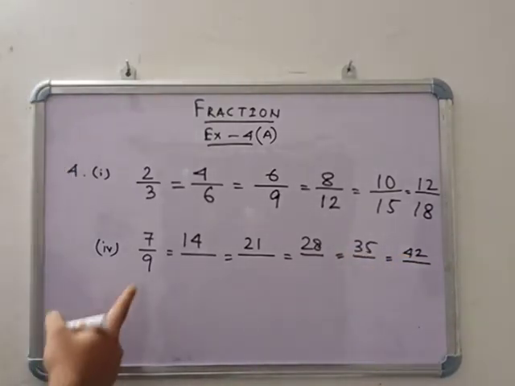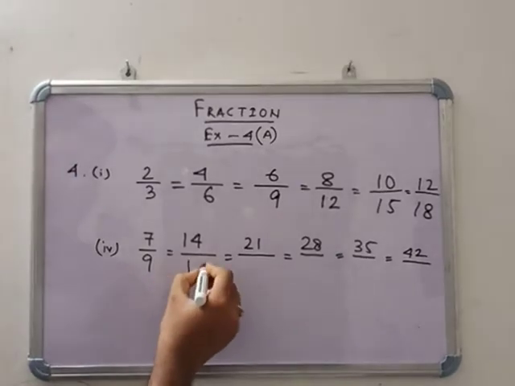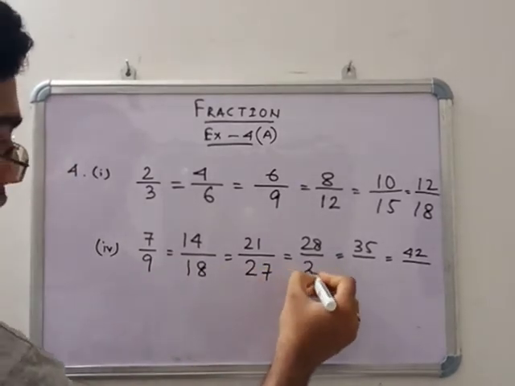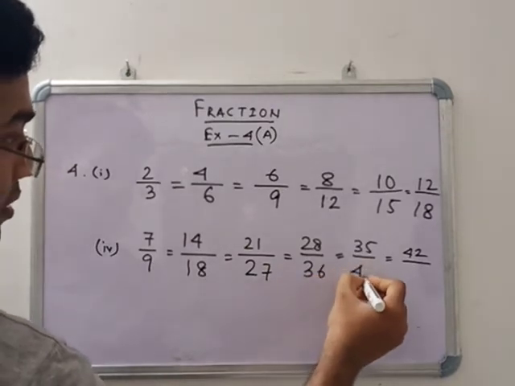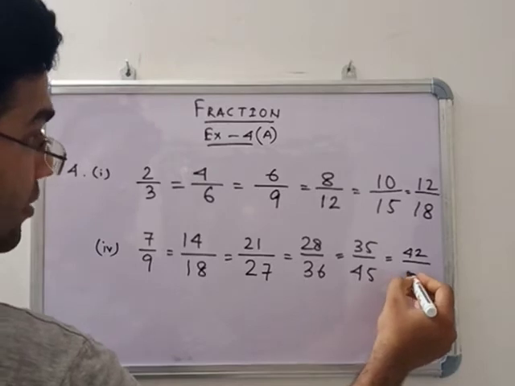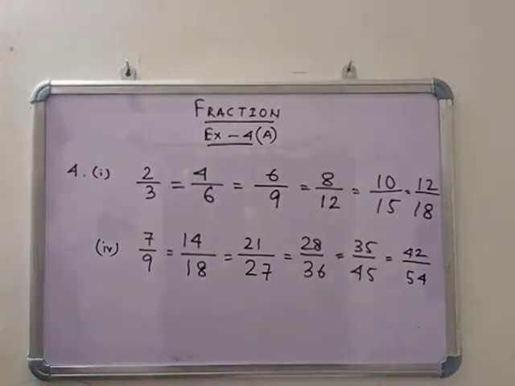And multiples of 9: 18, 27, 36, 45, 54. Okay. So these are equivalent fractions of 7 by 9. No doubt about it. Now, next one.